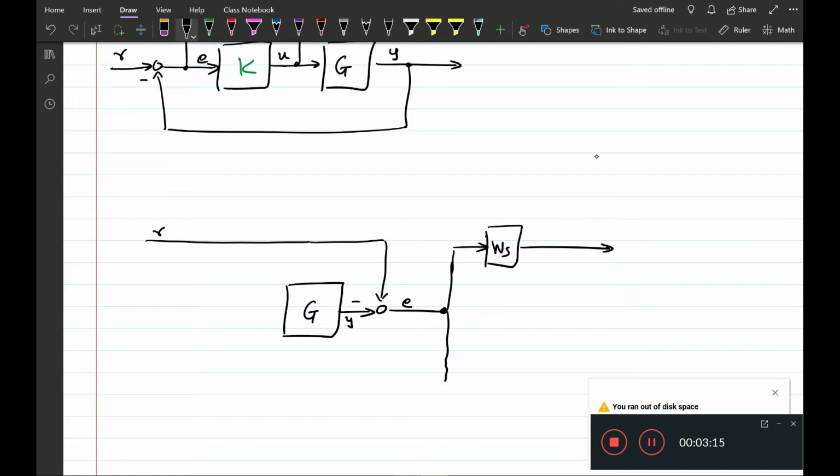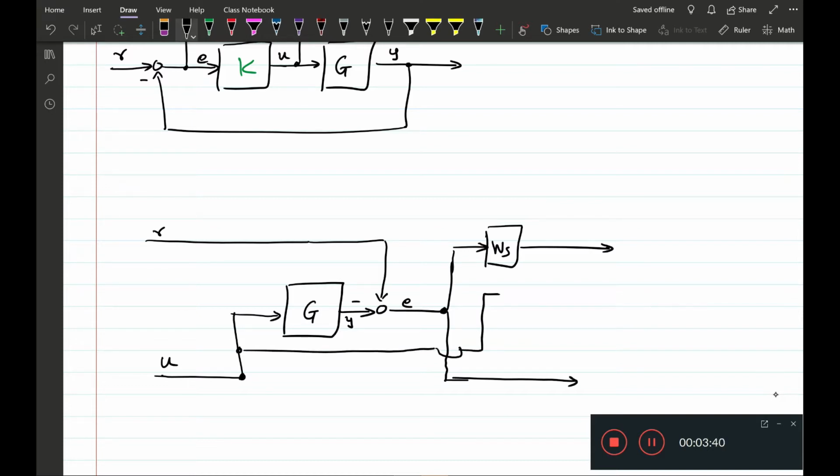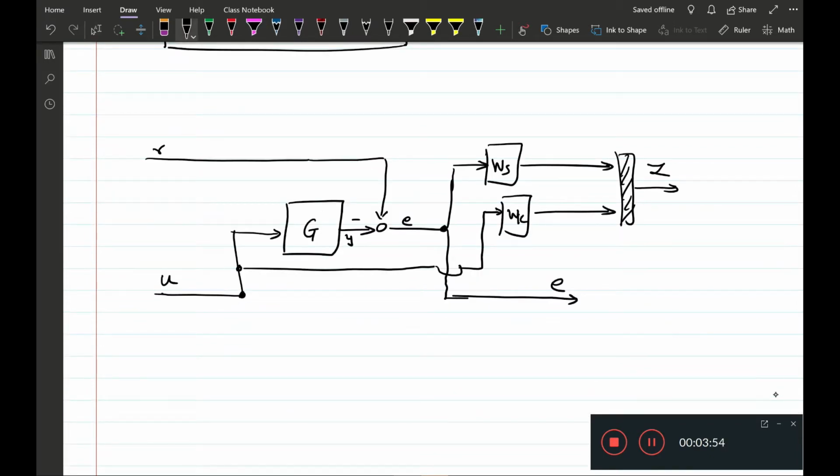E also goes out for the control measurement. The control U comes in, and this goes via WK to the second performance channel. I can call this thing Z. R as the input, U as the input, Z and E as outputs.